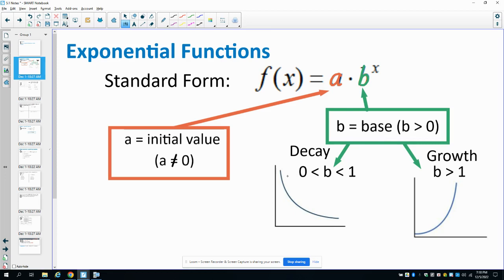If it's between 0 and 1, then it's a decaying function. And if it's greater than 1, then it's a growth function. So it's considered an exponential growth function. And we could probably add here that b actually can't be equal to 1 either, because 1 to any power is just 1. So that would be a constant function.